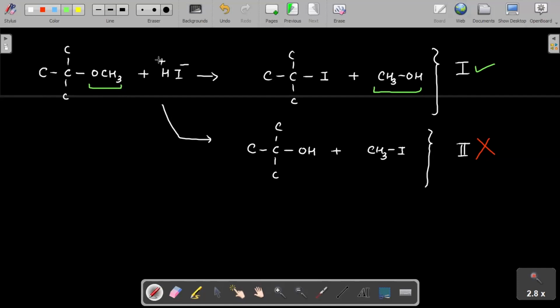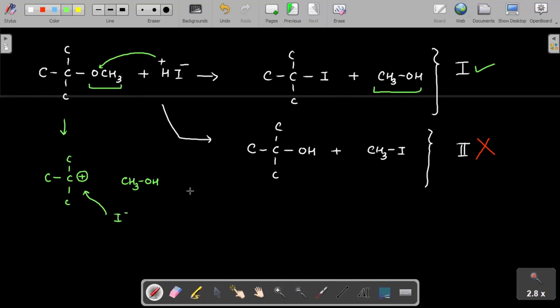That means if the hydrogen goes here with this oxygen, we will have a stable carbocation and CH3OH. Because of this stability, now it will react with my negative iodine.